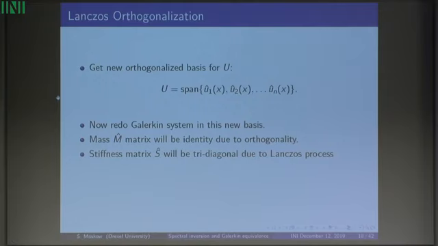That's well known. It's like the three-term recurrence that you get from orthogonal polynomials. So the stiffness matrix will be tridiagonal because it's a Lanczos process. And the right-hand side will be non-zero only in the first component, like an approximate delta function.